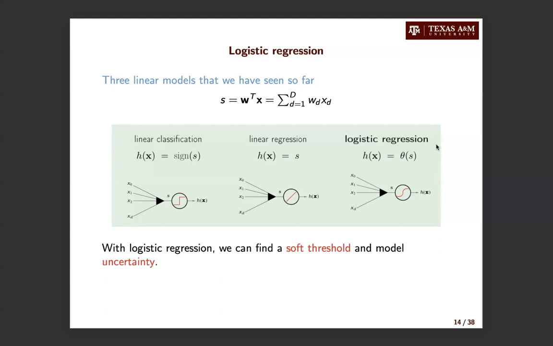It will perform a soft assignment of an input sample to a probability that corresponds to how likely it is that the given sample belongs to the positive class. The good thing about that is that through logistic regression, we can actually model uncertainty.